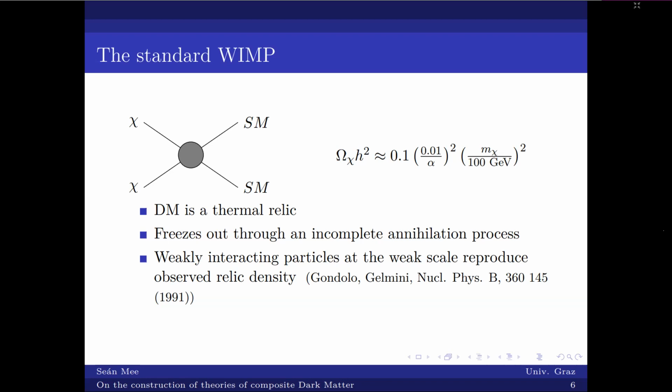In order to get the observed relic density of about 0.1, we need alpha about 0.01 and dark matter at the 100 GeV or so scale. At the time, this was called the WIMP miracle, which is a bit of hyperbole, I think, because it's really just a coincidence. But anyway, this was for a long time the standard description.